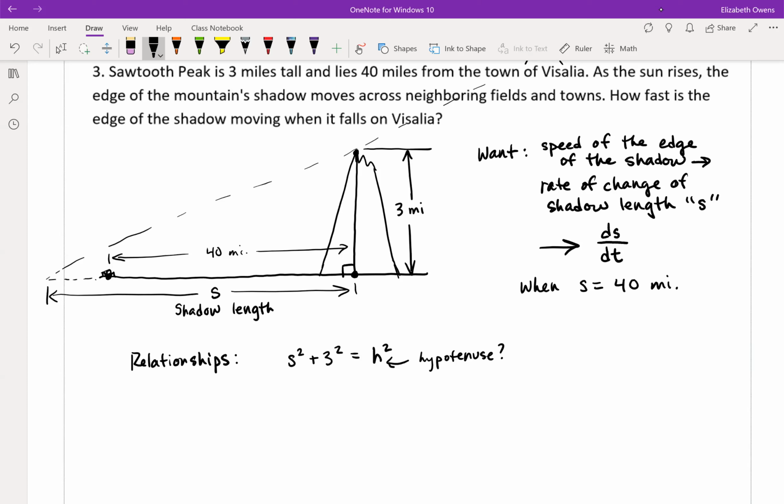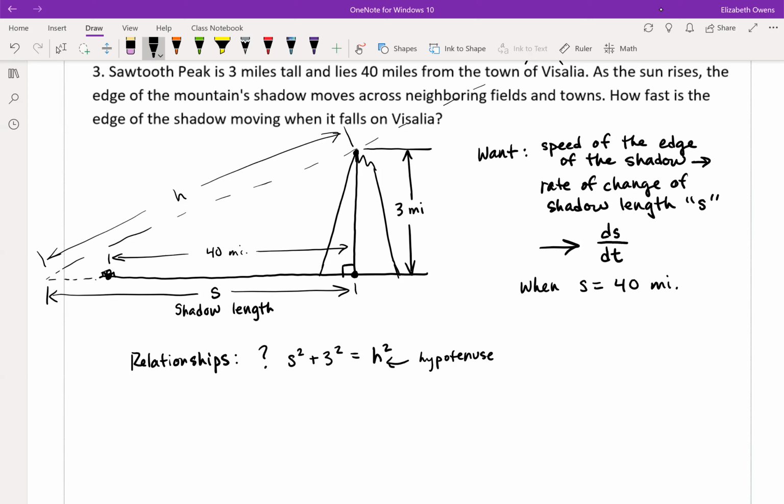But then we think, okay, well, we don't actually have very much information about this hypotenuse h. You might be able to come up with some working for that, but we don't really have too much information about how that's changing. And this really is the only relationship that we have for the length of that hypotenuse. So I'll put a question mark there.